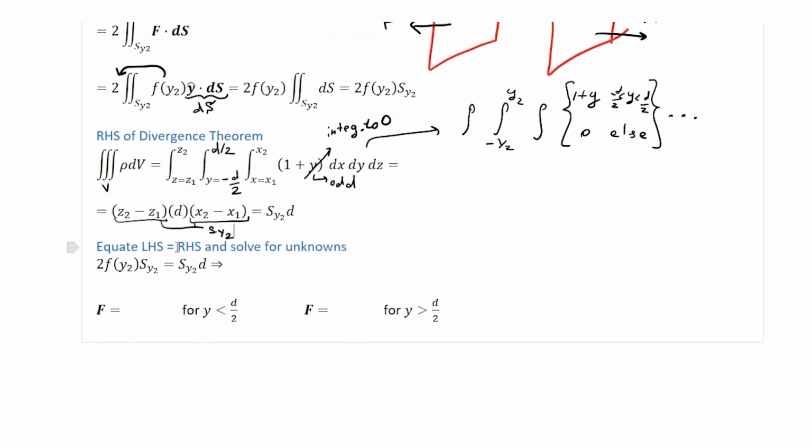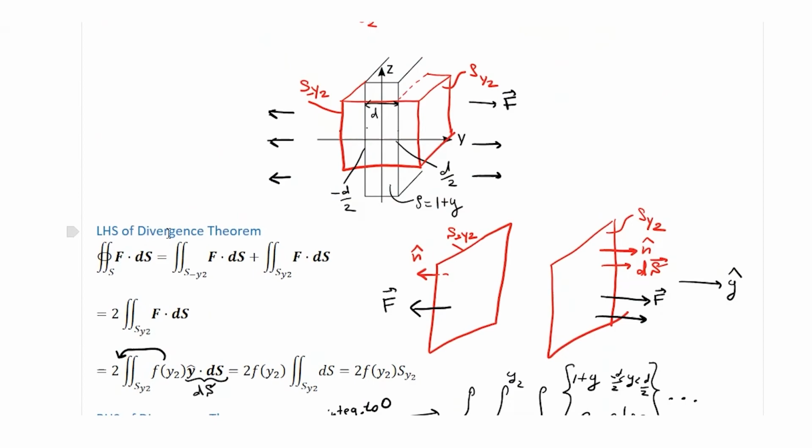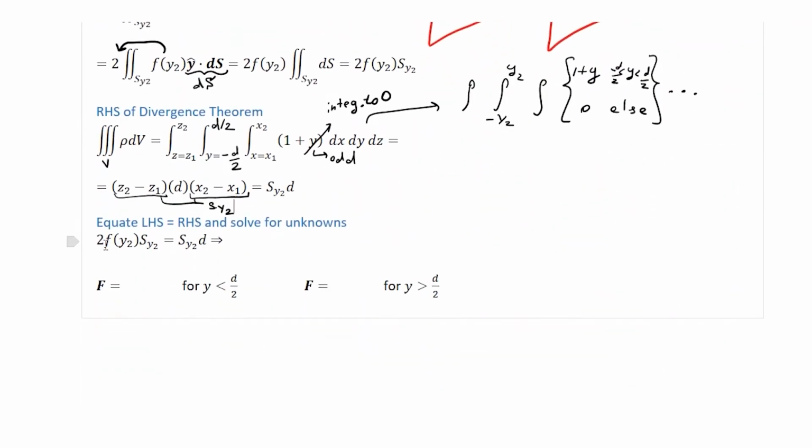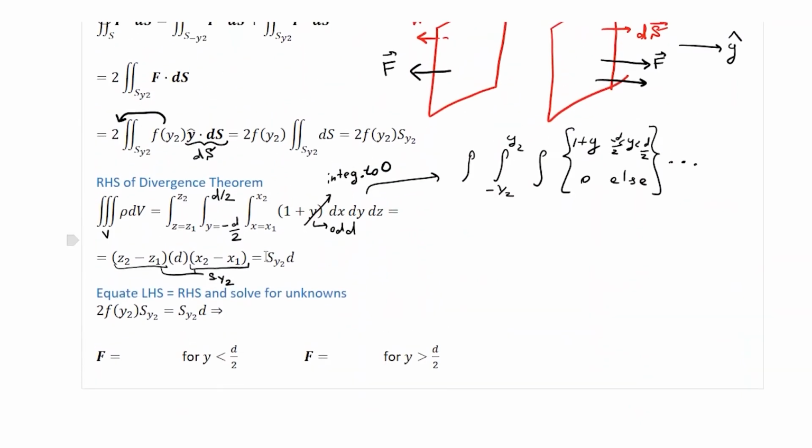Now let's equate the left-hand side and the right-hand side of the divergence theorem. Sorry, I didn't put it here. Then solve for unknowns. The left-hand side is this, and the right-hand side is this. So I equate the two and solve for Fy2. After I cancel Sy2, this is going to be equal to d over 2.